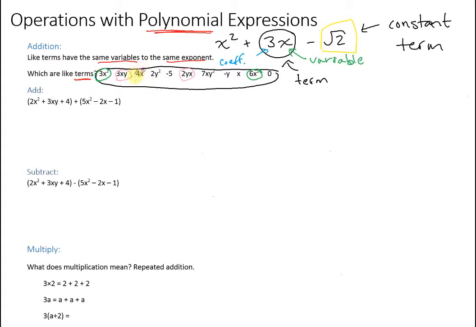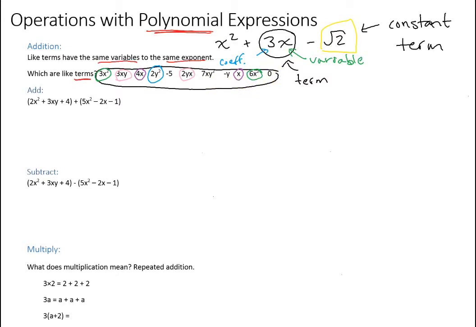Let's do terms that have just an x with an exponent of 1. Let's do terms that have a y squared. Oh, 7xy squared has a y squared, but it also has an x, so it doesn't have the same variable, so not like terms.